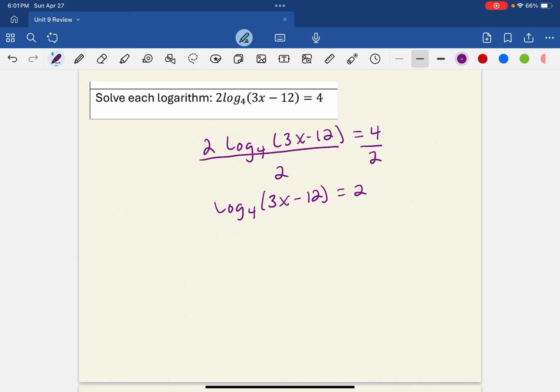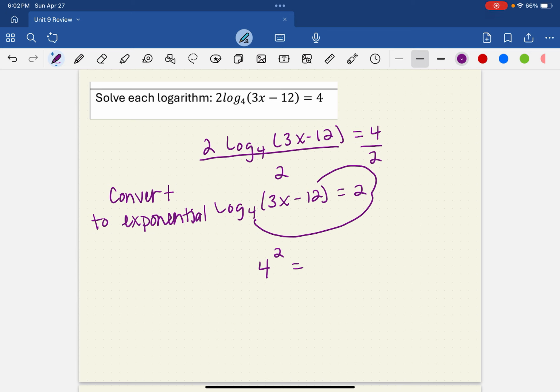And then I'm going to go ahead and convert this to exponential, which remember is just you start at your base, go around the equal sign. So 4 to the power of 2 equals, back around your equal sign, 3x minus 12. Okay, so what is 4 to the power of 2?